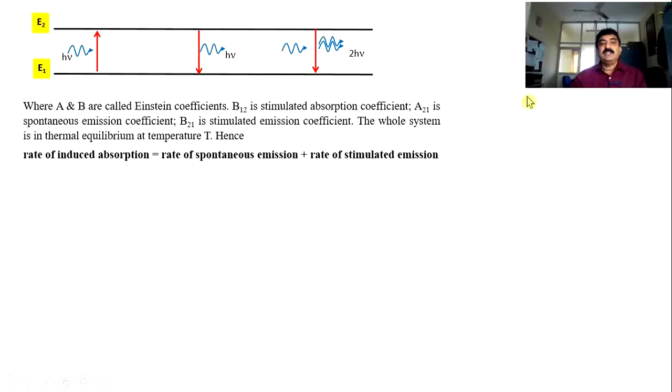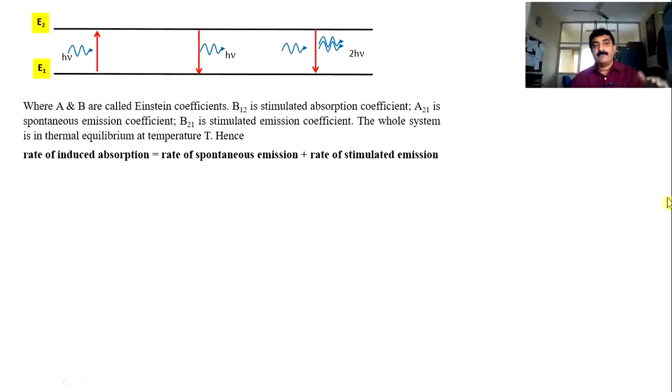This emission does not require anybody's support. Therefore, I can say spontaneous emission depends only on the number of atoms in the excited state. If there are N2 atoms, if N2 is more, spontaneous emission is more. Now coming to this, as usual, if more atoms are here, there will be more emission, plus if you send more energy, more emission.